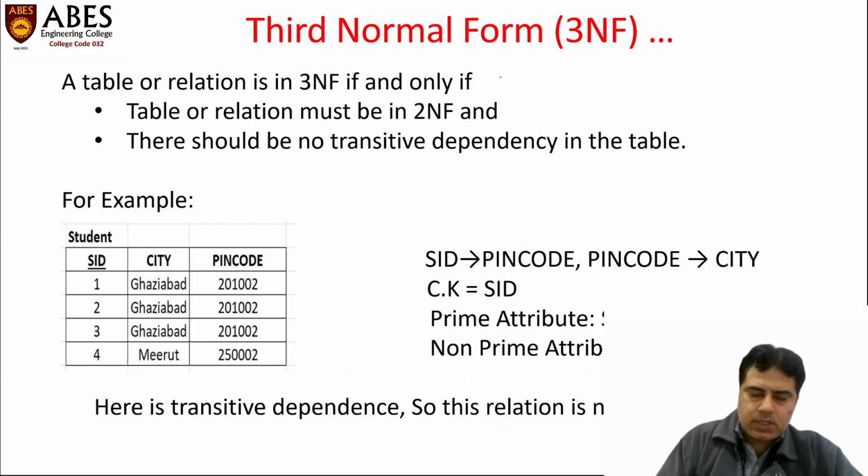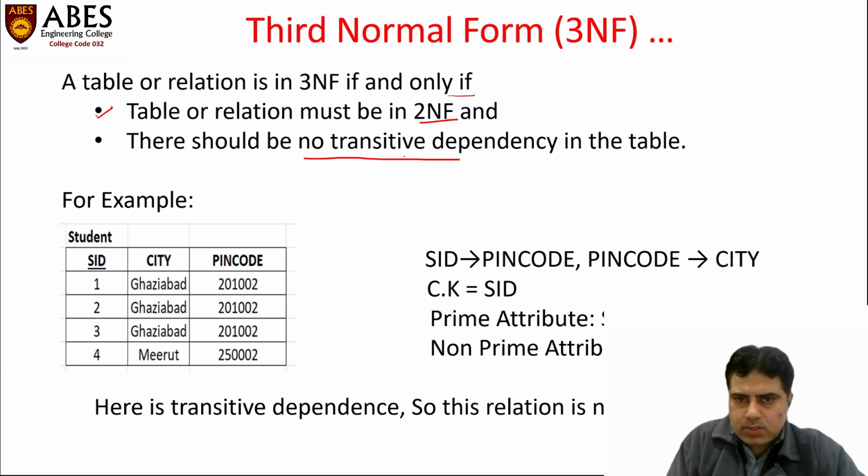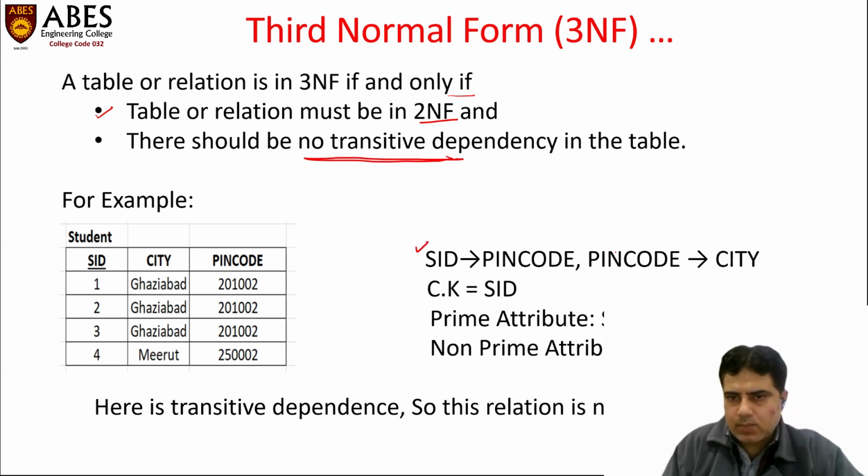So what is 3NF? A table or relation is in 3NF if and only if: the first condition is that the table or relation must be in 2NF, and there should be no transitive dependency. As we have already discussed, student ID determines pin code and pin code determines city.